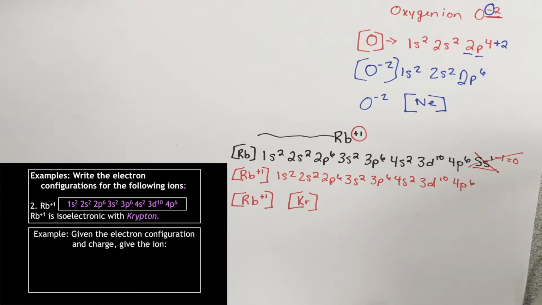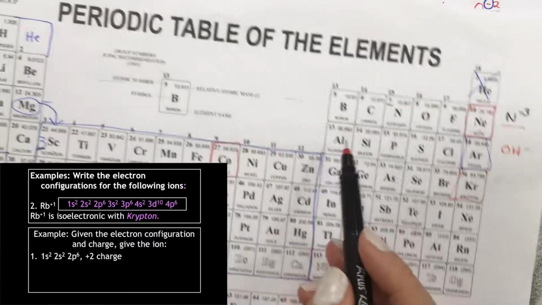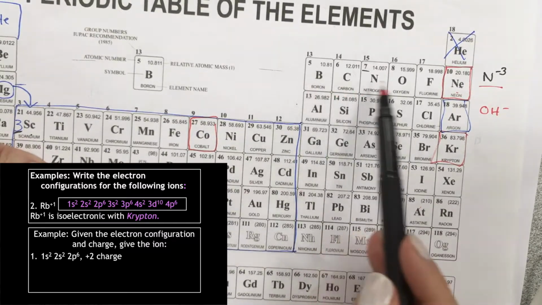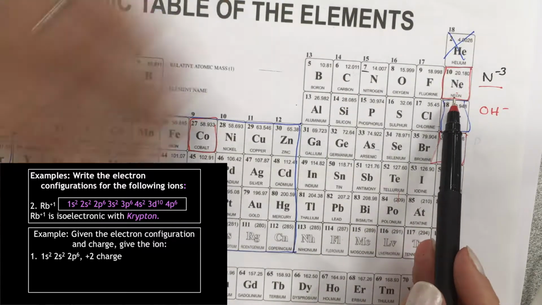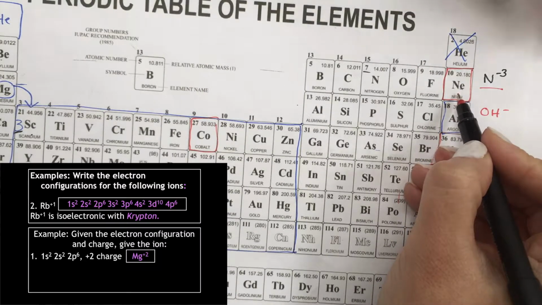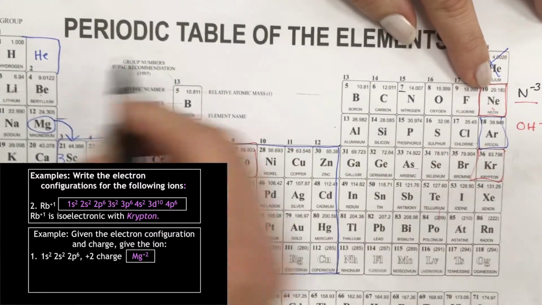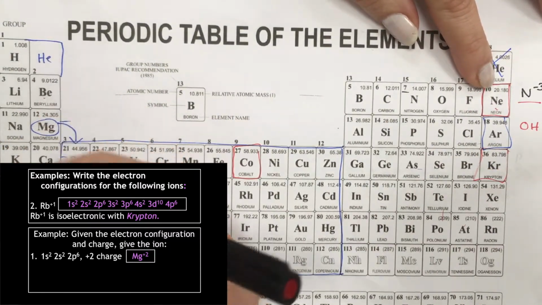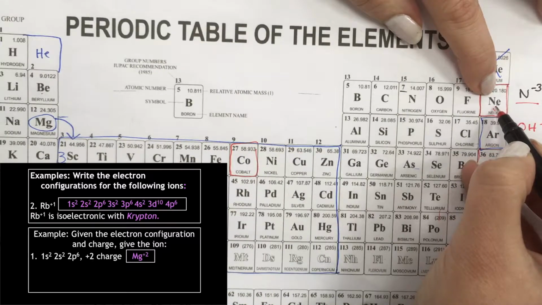I can't believe it. Example, given the electron configuration and charge, we need to find the ion, okay? So we have 1s2, 2s2, 2p6. I like to just look at the last one. So we have neon, but we have a +2 charge, okay? So remember, guys, if you are +2, you're actually losing electrons.